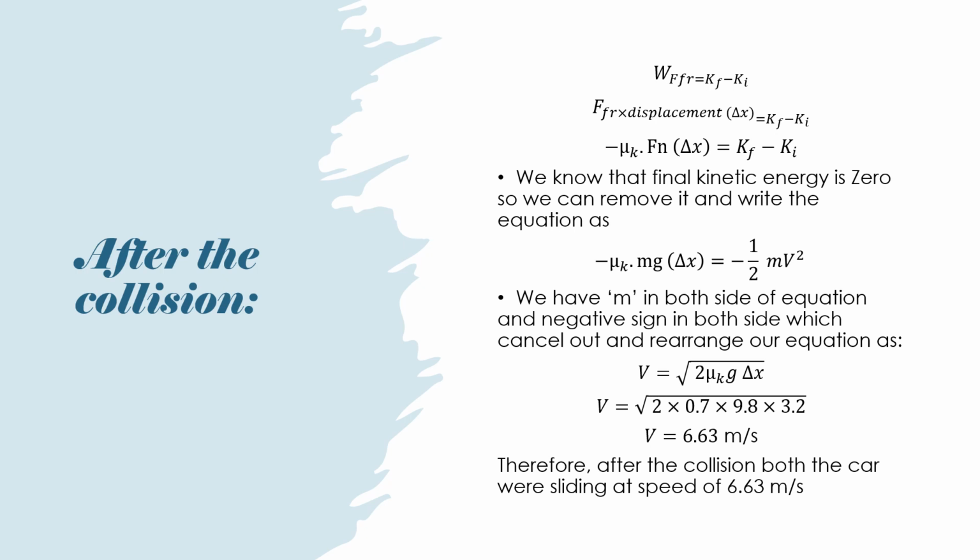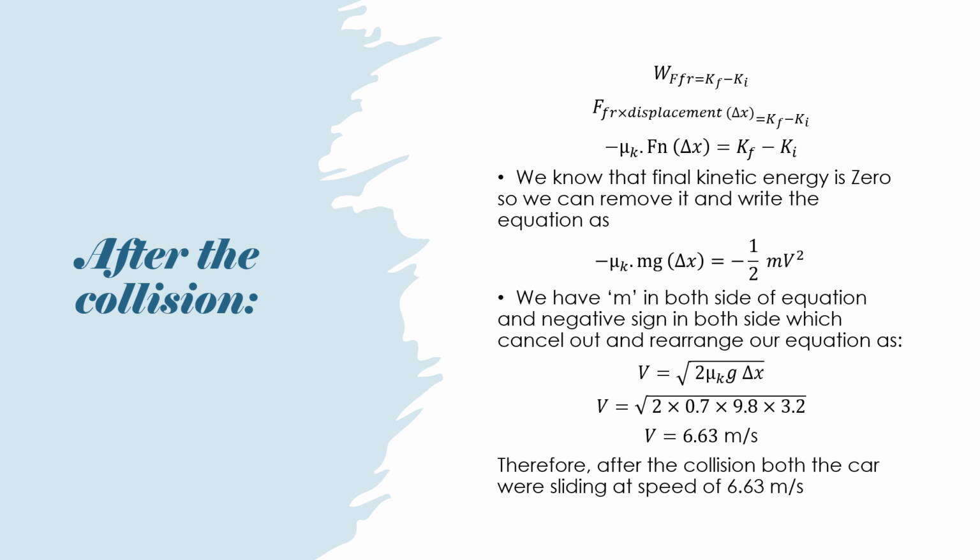Now we have m on both sides of the equation and also the negative sign, which we can cancel out, and we're left with mu k g delta x equals half v squared, which we can arrange as v equals the square root of 2 mu k g delta x.